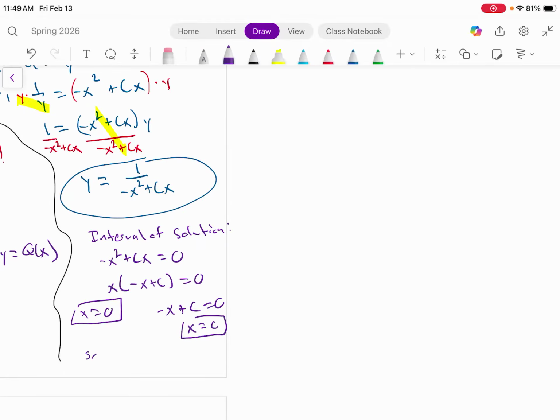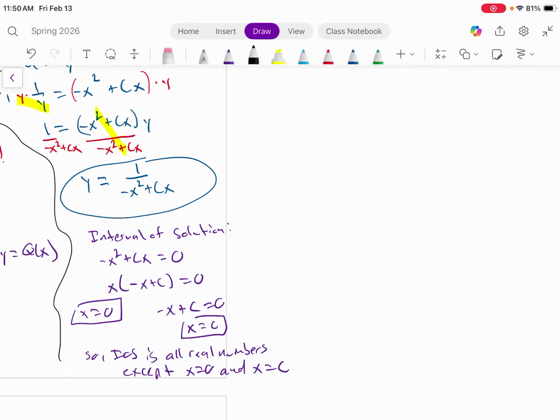So the interval of solution is all real numbers except x equals 0 and x equals c. Okay, so this is good for a final answer, but I like to clean it up a bit.